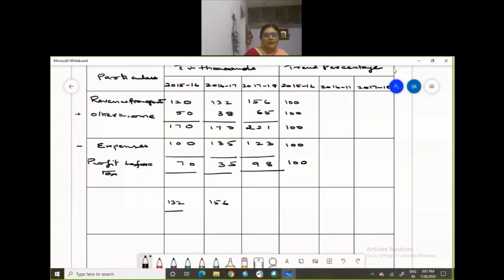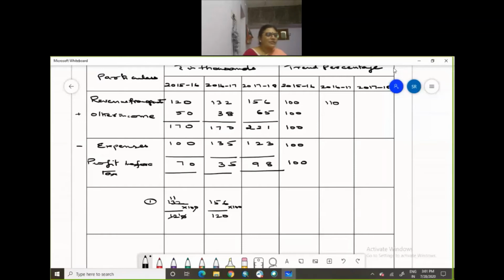So 132 divided by 120 into 100. Just cancel it: 12 will go here once, 12 will go here 11 times. So the answer is 110. Your trend percentage for the year 2016-17 is 110.